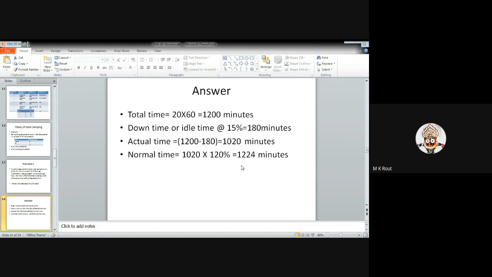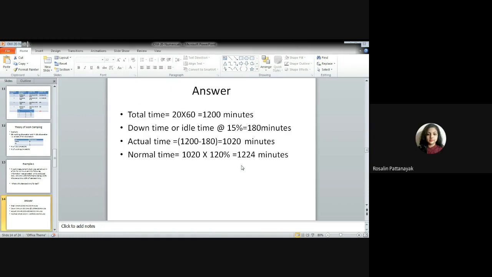But in this type of problem, you can directly use normal time equals actual time into performance rating. Just note down the formula: normal time equals actual time into the performance rating, that is 120%. And the final answer is 1224 minutes. Is it clear to all? Any doubt from this particular slide, anyone?